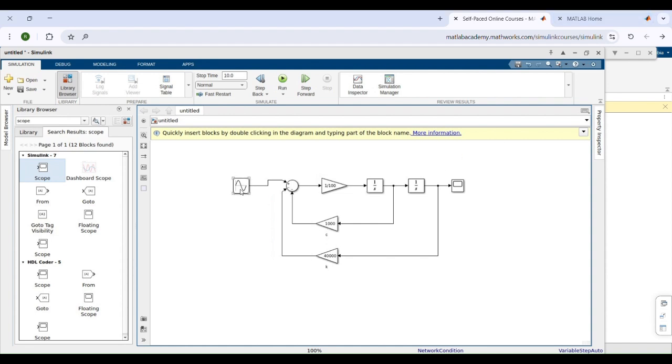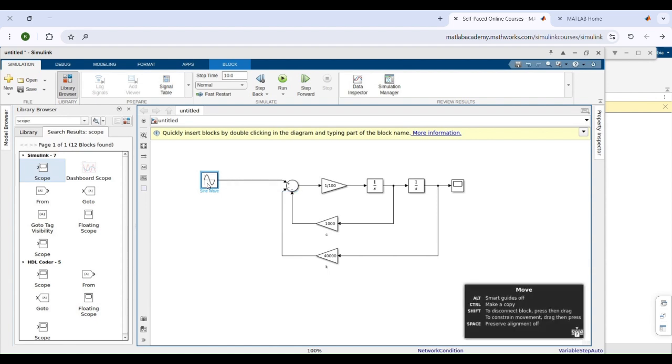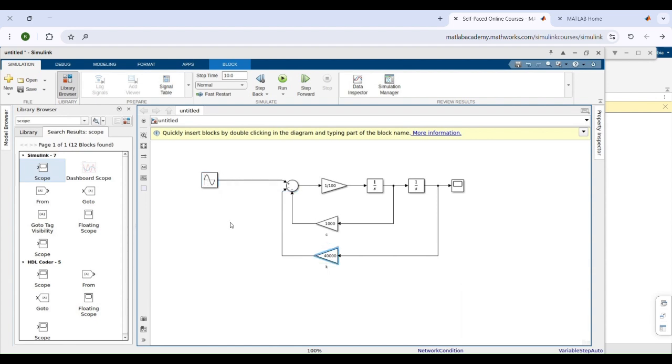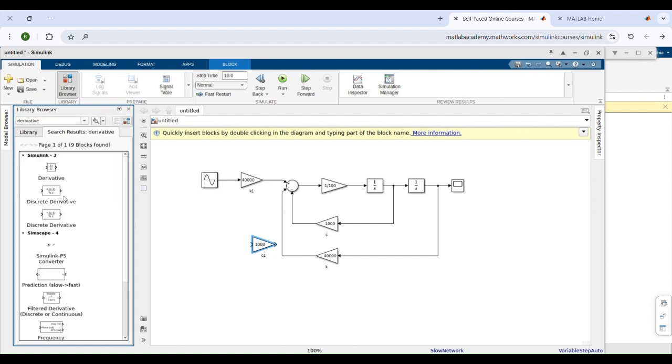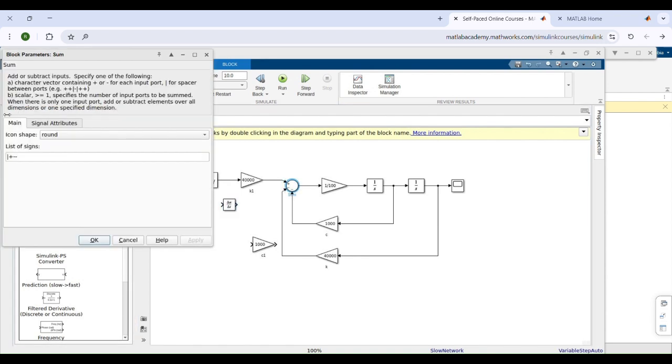So first we need another gain, which is k, and flip it, put it here, and we need another gain for the damping, also flip it, and we need a derivative. Yes, we need this, and we need to add another plus sign here.